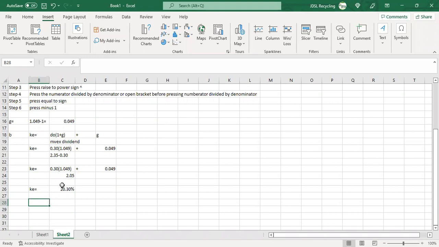What does this mean? If we are interpreting, this means that the providers of funds are expecting return on this investment not to be less than 20.30%. That is the implication. So if after the project appraisal the return is computed to be less than 20.30%, that means the project is not viable.